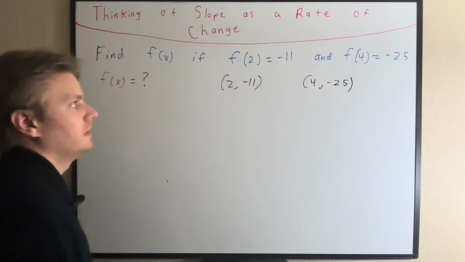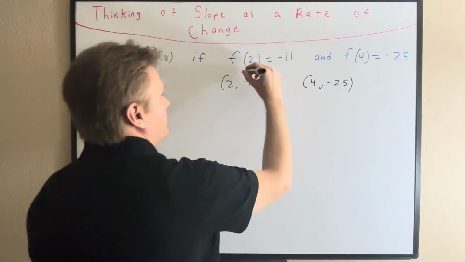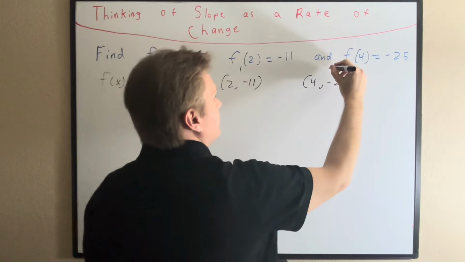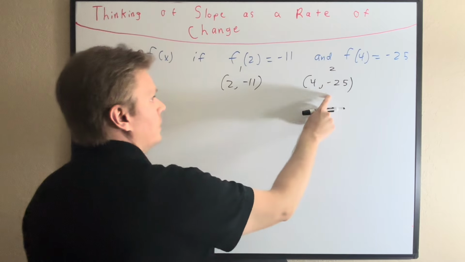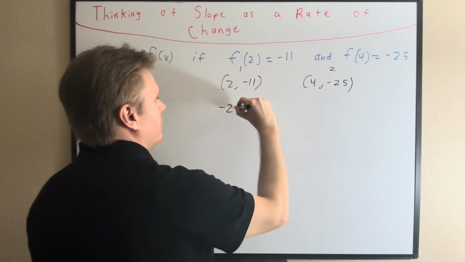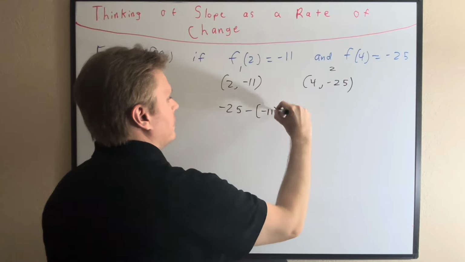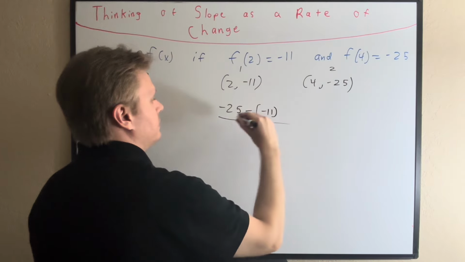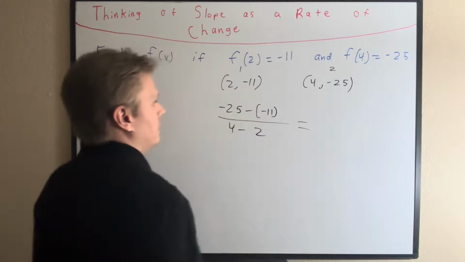Okay, well, we can find the slope from there because we have the 2 points, right? Let's just say this was 1 and this is 2. Why not? So y2 minus y1 over x2 minus x1.